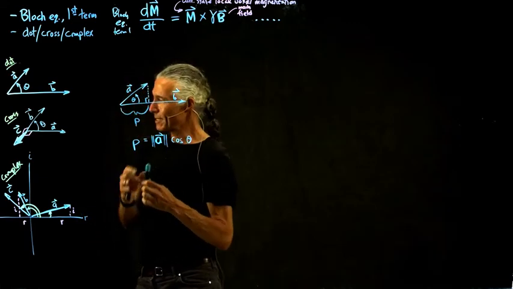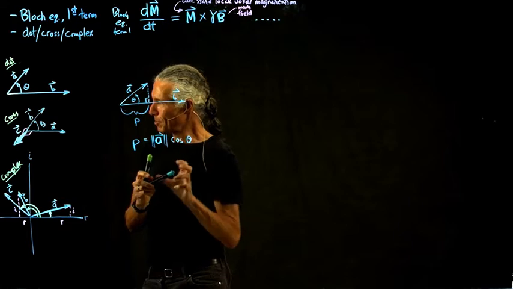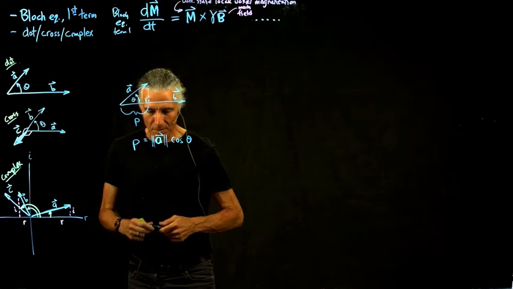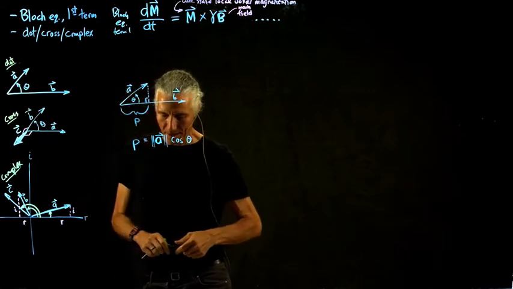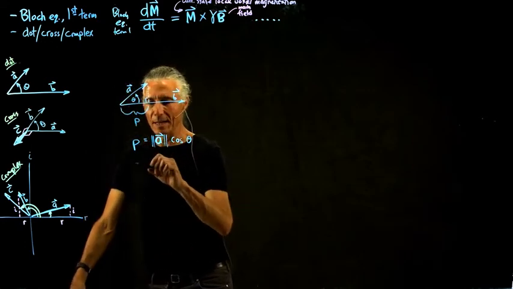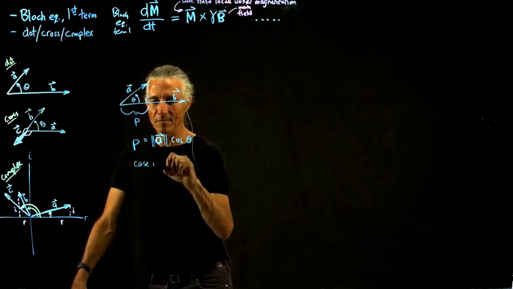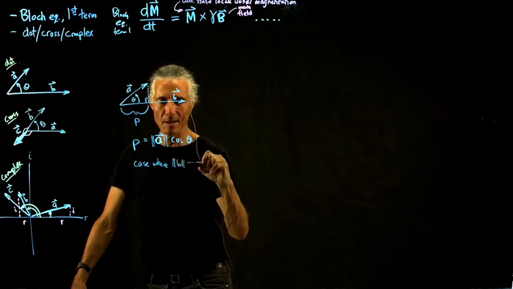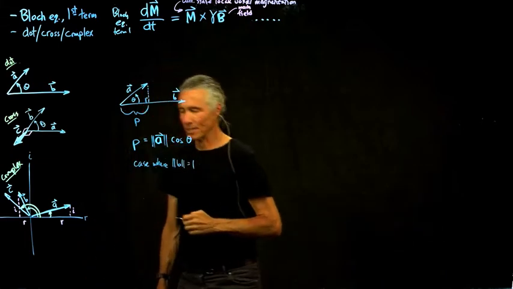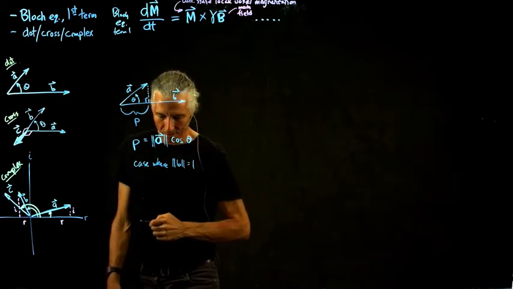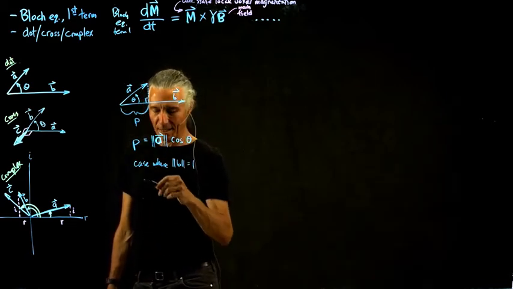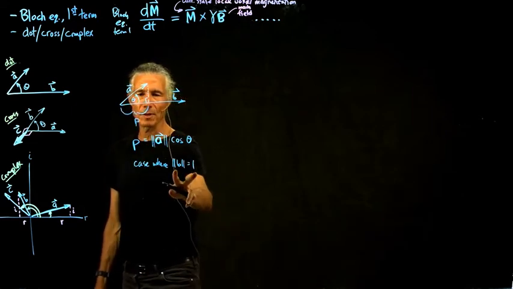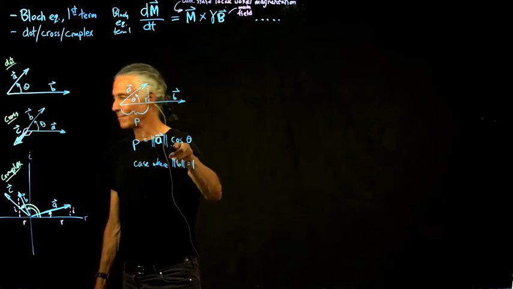The dot product is the projection scaled by the length of the other vector. But in the special case where the length of B equals 1, then it's exactly the projection. In that case, the dot product would exactly be the projection, because you would be multiplying this thing times 1.